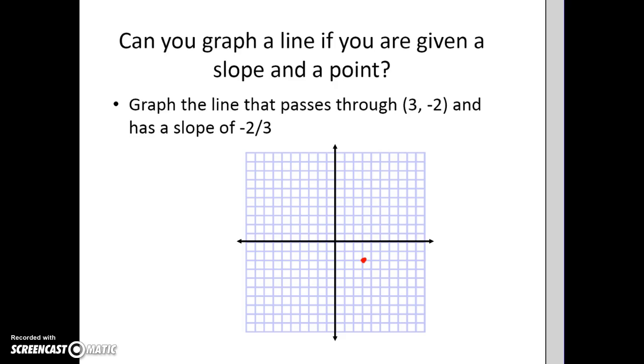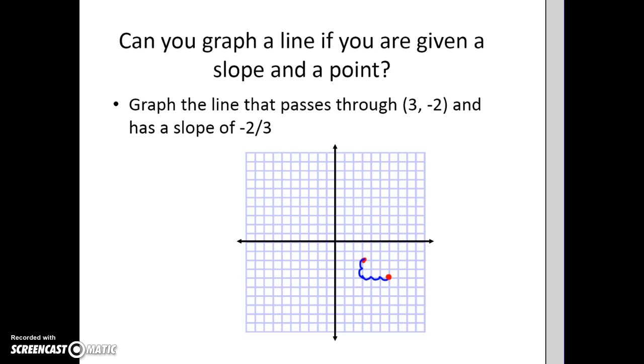We're going to rise -2, and we're going to run 3. So if I'm going to rise -2, I'm going to go 1, 2, that's my negative portion, and then I'm going to run 3, 1, 2, 3, and my second point goes here.